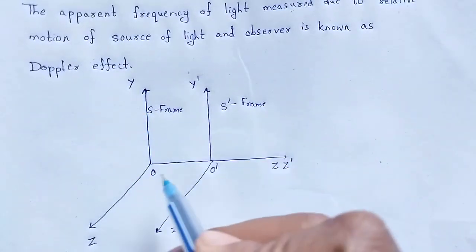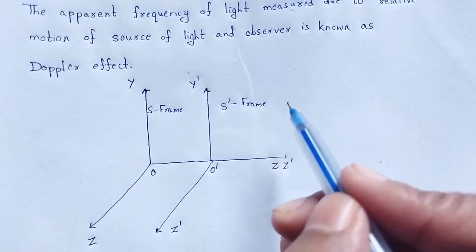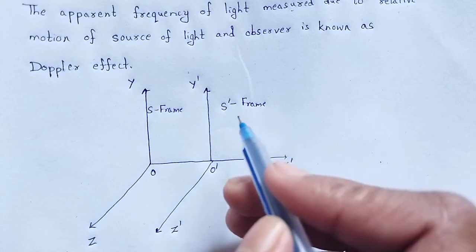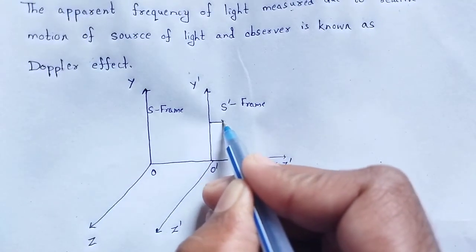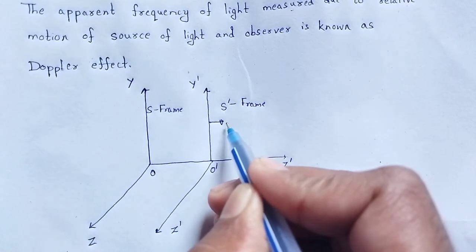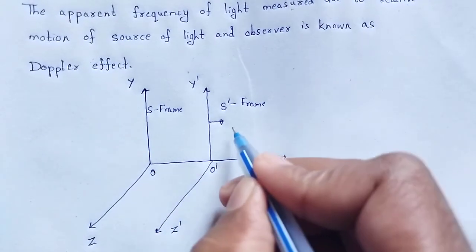The S frame is at rest and the S dash frame is moving with a uniform velocity v along the positive direction of the x axis.